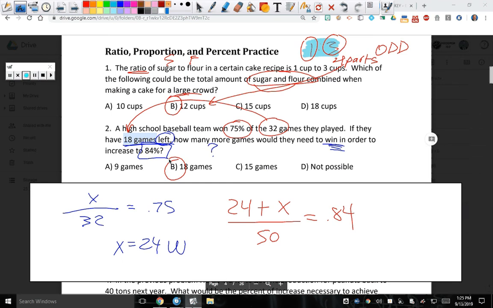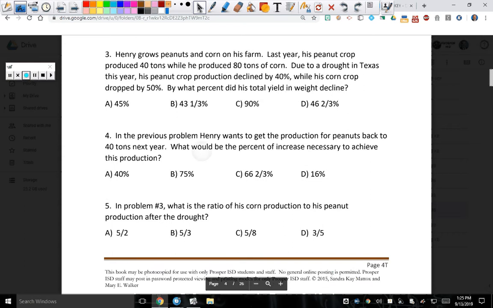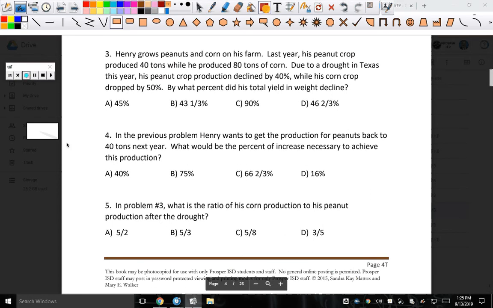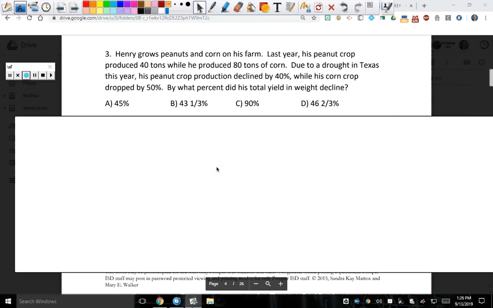Alright, so now let's move to number 3. Number 3 is a doozy because you've got to read it carefully as far as the pieces that we're solving out. Let's go with Shane. Henry grows peanuts and corn on his farm.